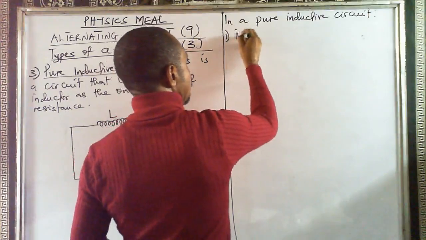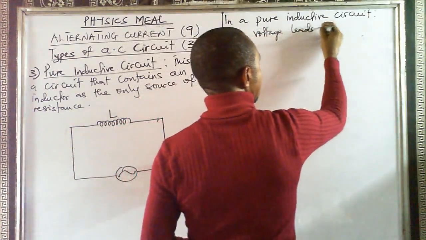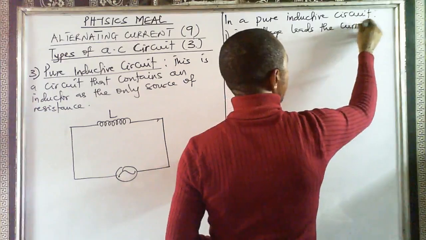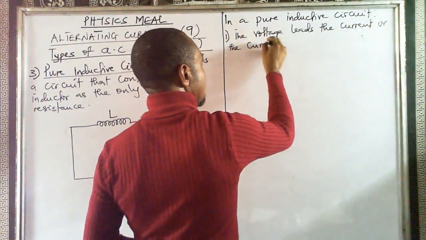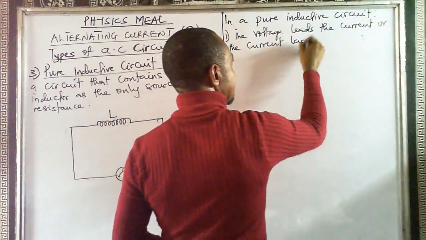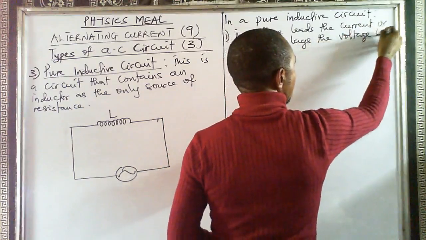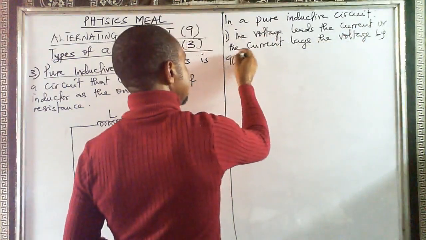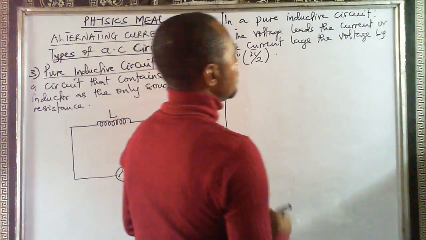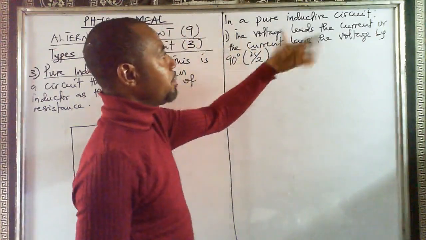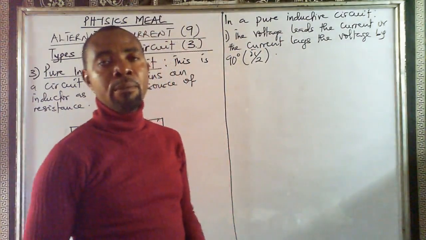1, the voltage leads the current, or the current lags the voltage by 90 degrees. So the voltage leads the current by 90 degrees, or the current lags the voltage by 90 degrees.